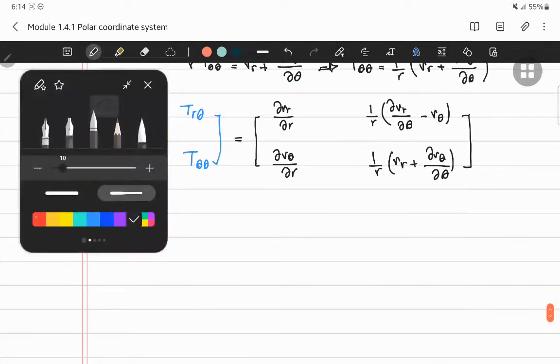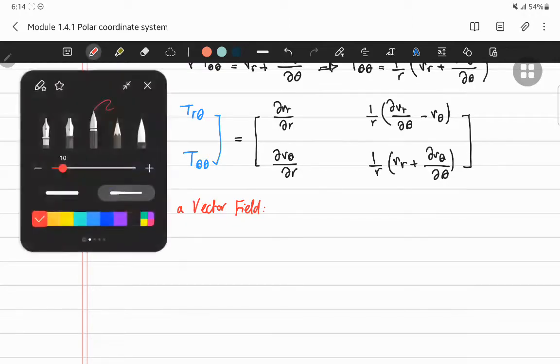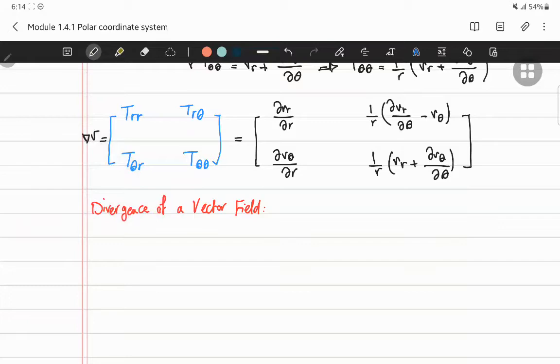So let's get to the divergence of a vector field. As we already discussed, the divergence is basically the trace of the gradient of that vector.